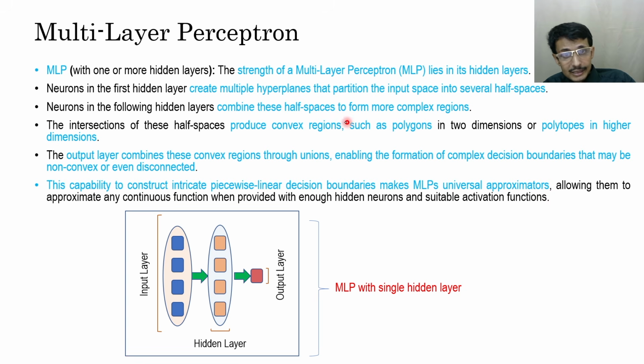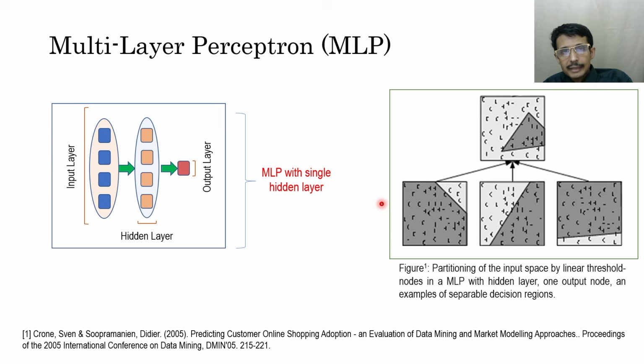So what is important here is that with this kind of structure, I showed you one hidden layer, but there may be multiple hidden layers, more than one, and this strengthens the neural network to solve very complicated problems.